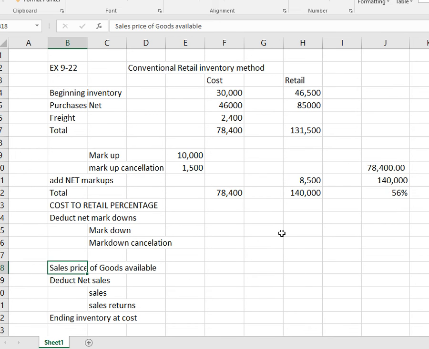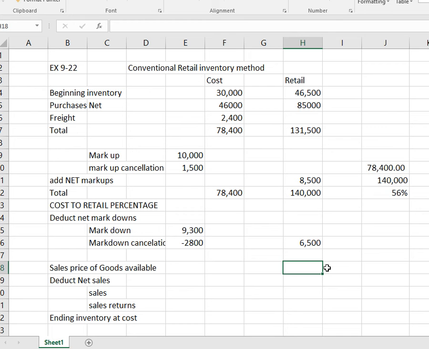So let's look at our markdowns. Our markdowns were 9,300, and the cancellations were 2,800. So if we did a net of that, 6,500 that we will minus out because we're losing out on that money.